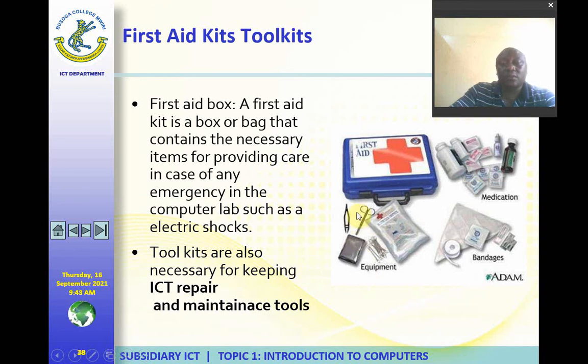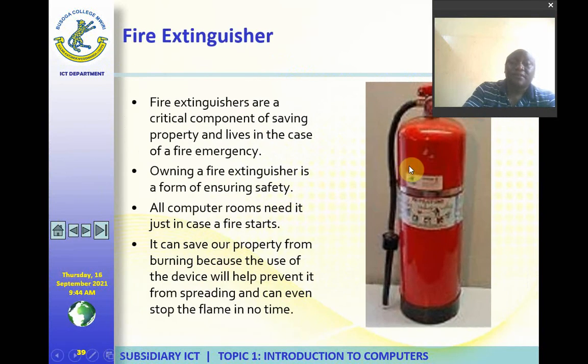This toolkit is very important. Toolkits are also necessary for keeping ICT repair and maintenance tools. Inside here we basically have medication for first aid, and equipment like bandages. It's very necessary for you to have.